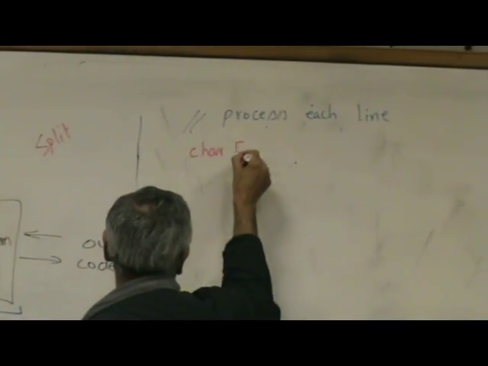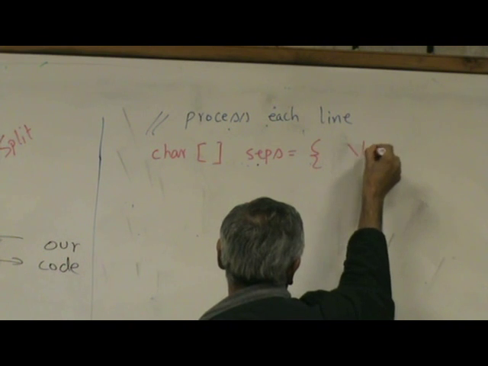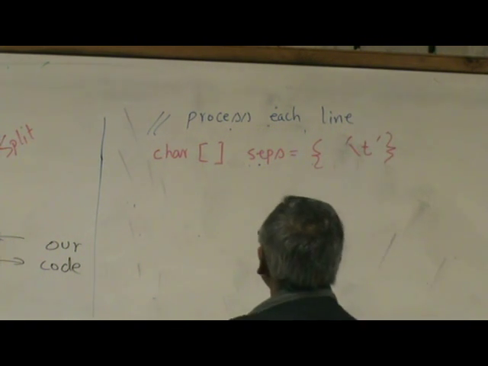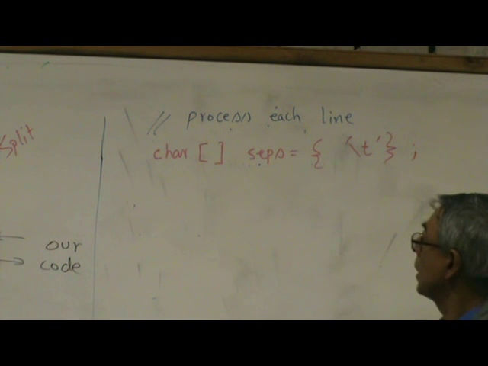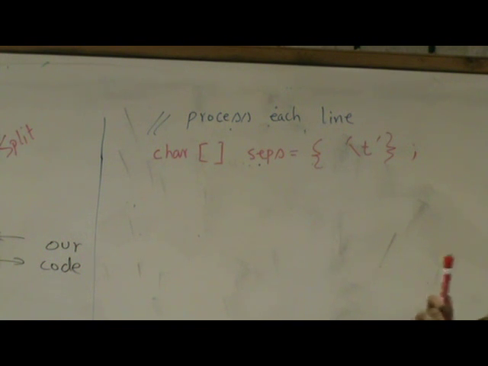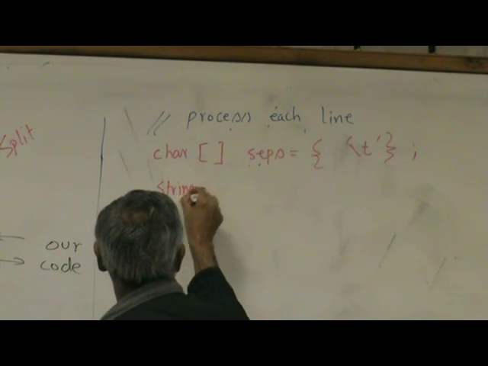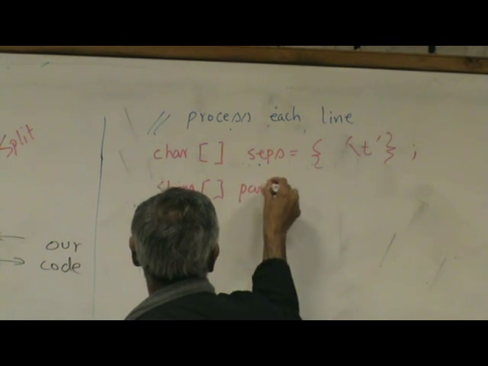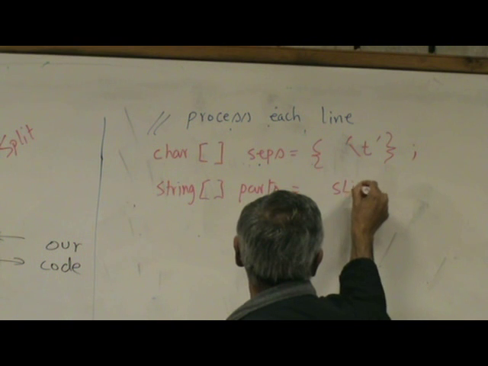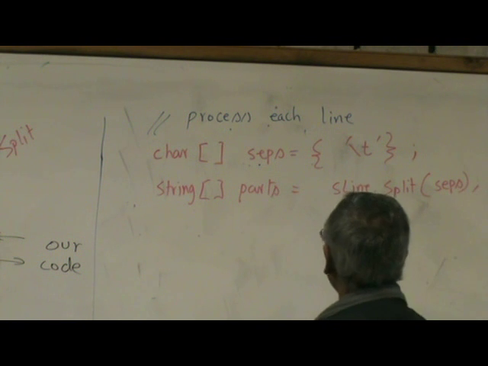Okay? So first what we do is we create a character array of separators. So for example, you can say \t. So our separator is going to be our tab. So we initialize this array to just one character, which is the tab character, right? And then let's say string parts equal to sLine.Split and pass it the separator array.